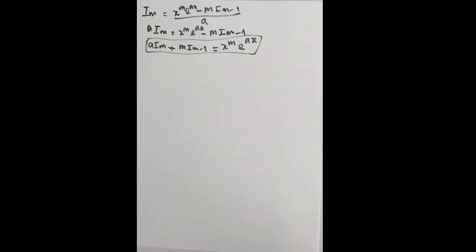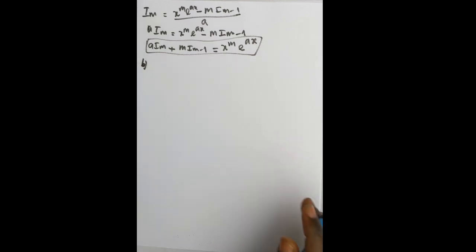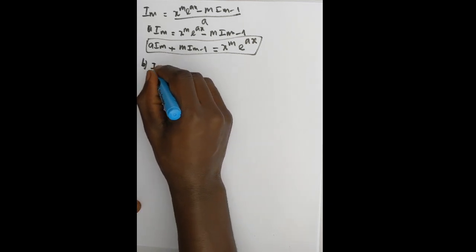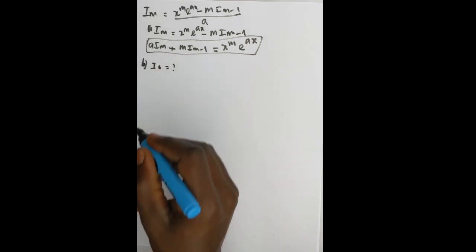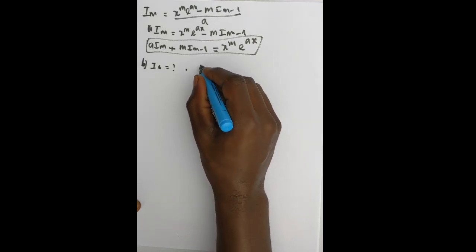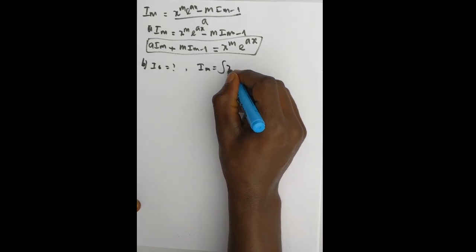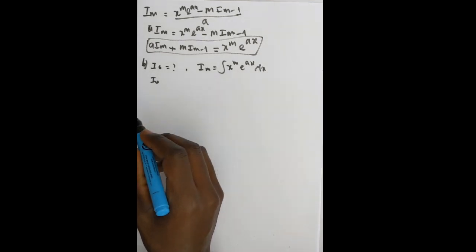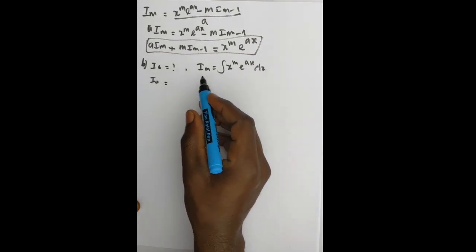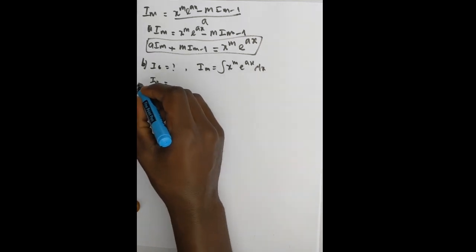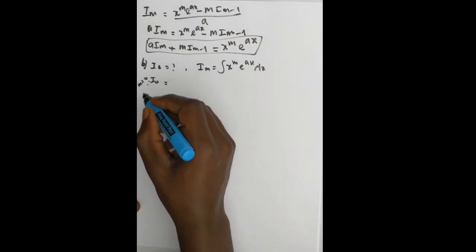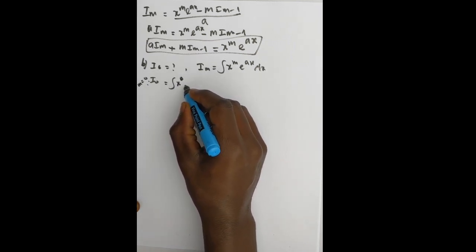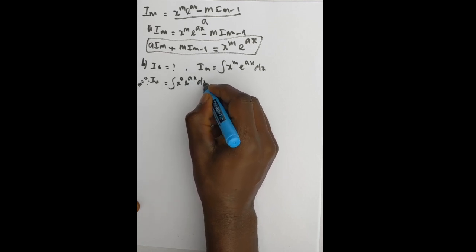So this is A, and B, we have to deduce I0. We have seen that Im is equal to the integral of x power m e power ax dx. For I0, this means that m is equal to 0. I will get the integral of x power 0 e power ax dx.